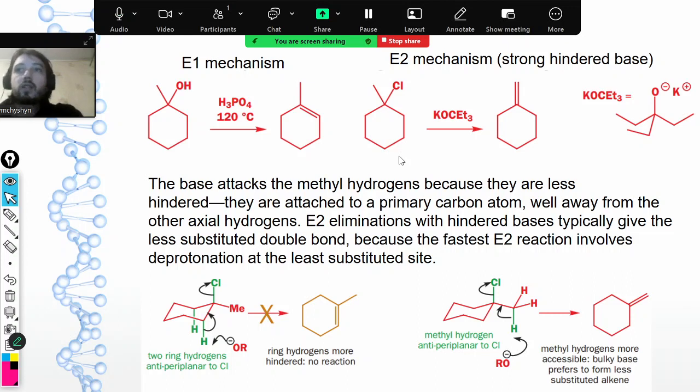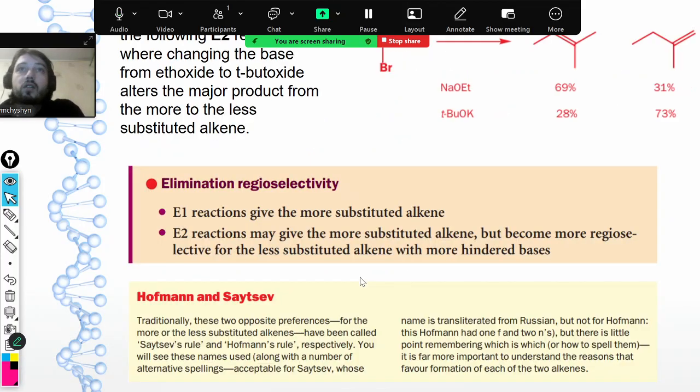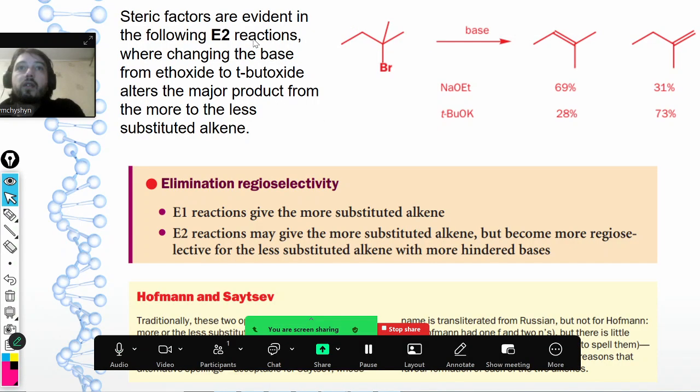And of course, depending on the steric hindrance, we may have different results. So here is an example when hydrogens are sterically hindered, so we cannot get to the hydrogen, but we can get a hydrogen off of the methyl group. So that may be the case as well. So everything depends on the situation. Good.